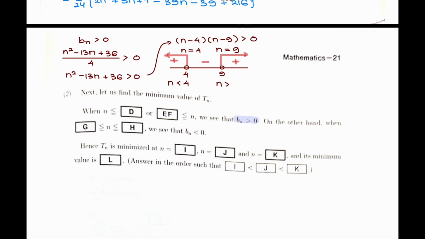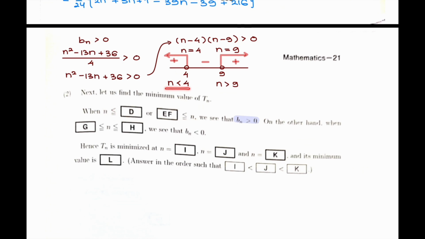If you see these inequalities and compare them with the set of values of n in the question, my inequality is not inclusive, but this inequality is inclusive. That means n must be less than or equal to 3. Remember, n is the number of terms, so it cannot be a decimal, it must be a whole number.